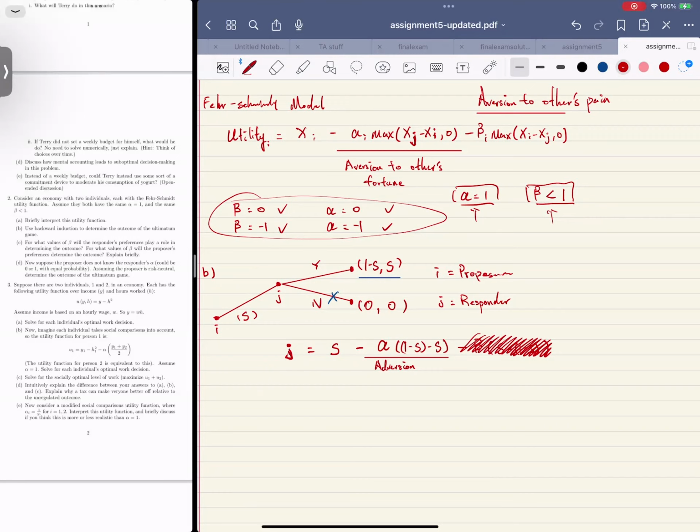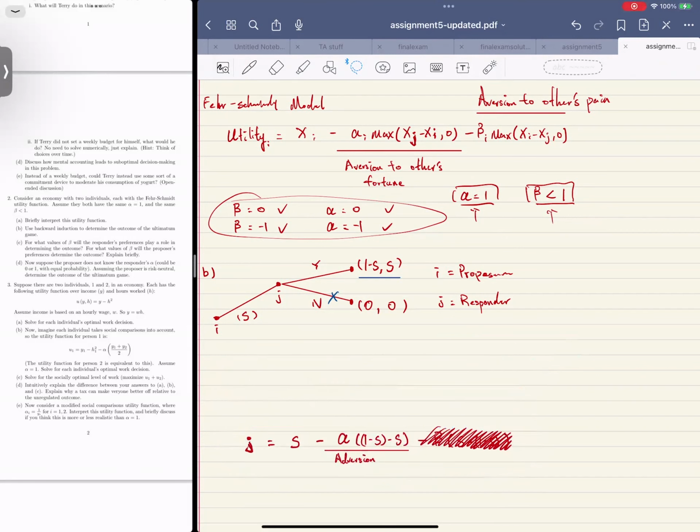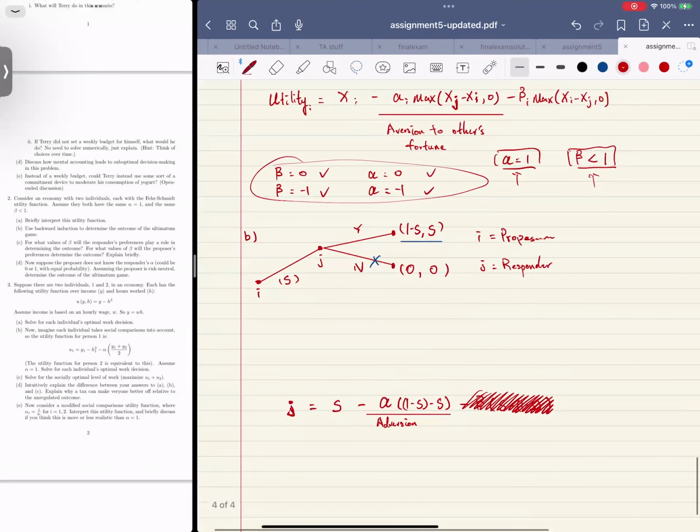Maybe I should start from there. Let me just put it down. So here's the proposer's utility function. Should I start from there? Let me think.